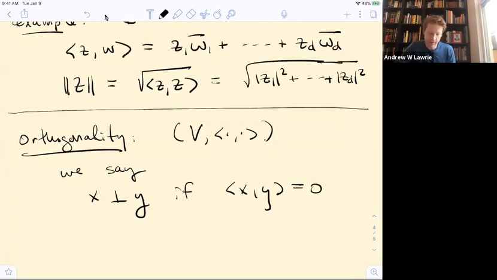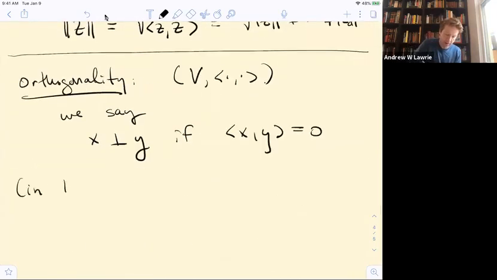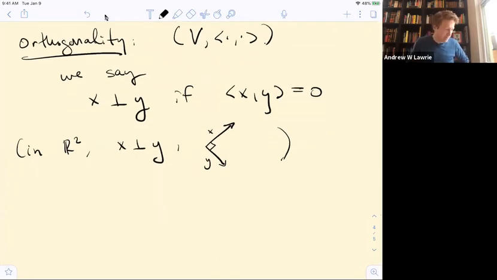And the concept of orthogonality, in say R2, draw a picture of what this means. If you have two vectors, then the picture looks like this. Two vectors that form a right angle with each other. This is where we get the name orthogonality or perpendicularity, or the perpendicular sign.